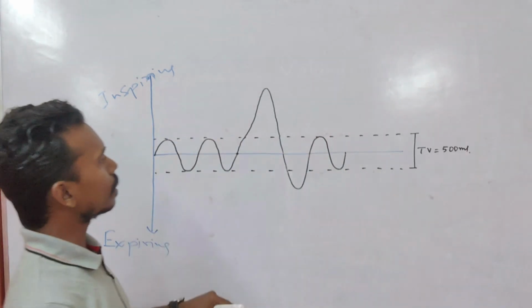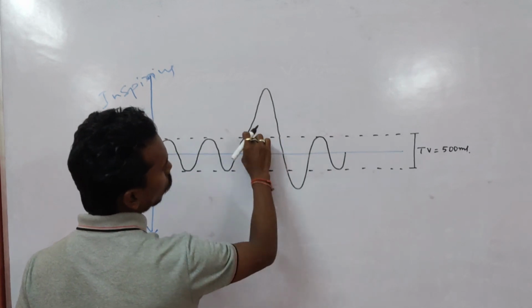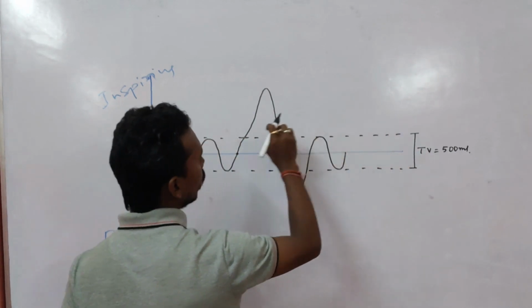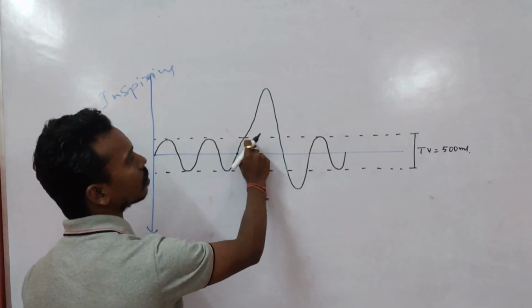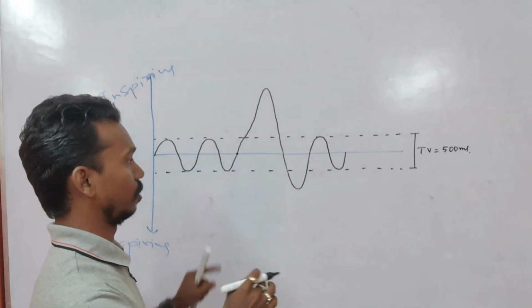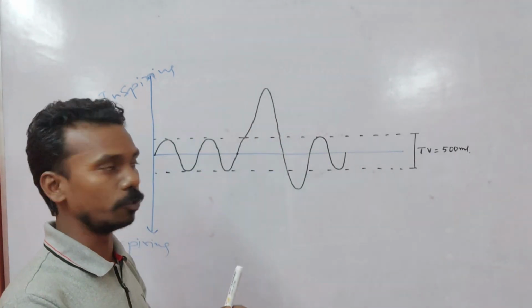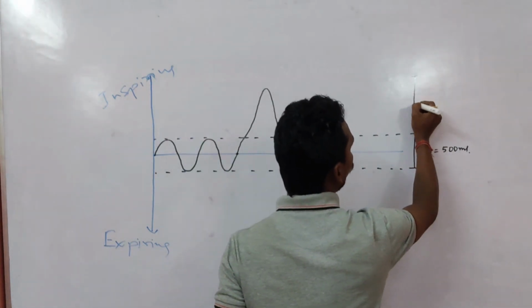In this graph, this was your normal inspiration that comes under tidal volume, and after this you are taking in extra air with the help of forceful inspiration. That forceful inspiration leads to a volume called inspiratory reserve volume.